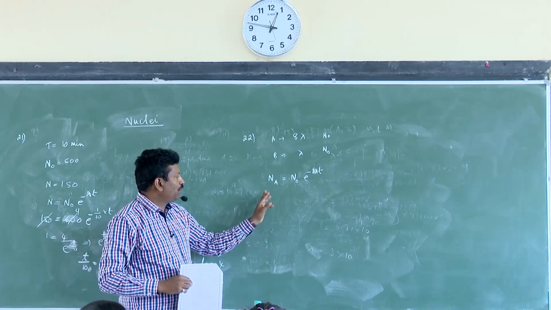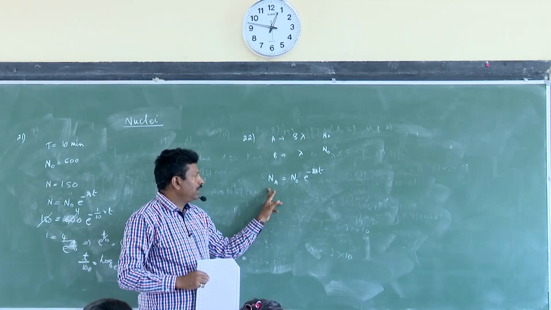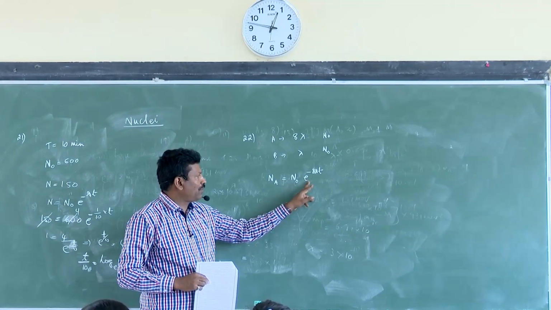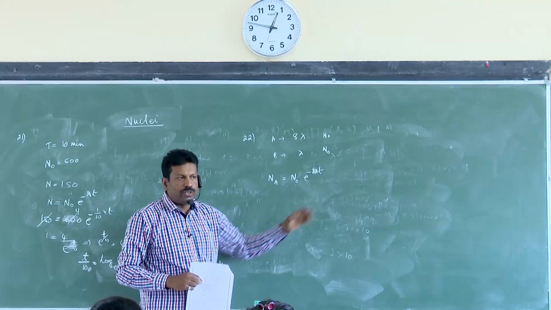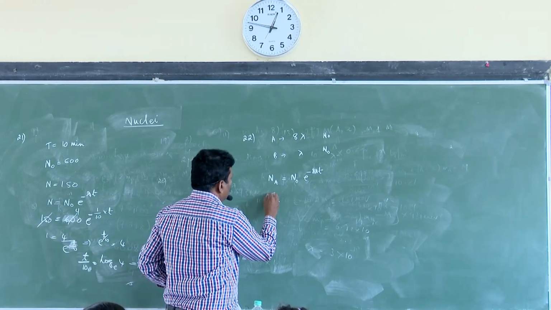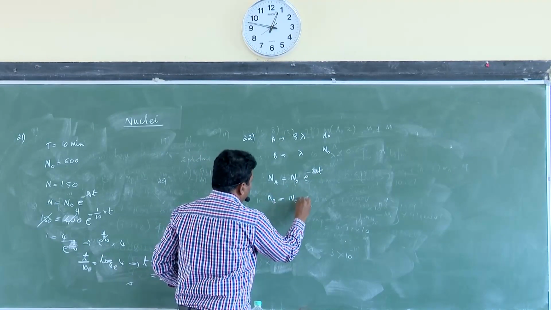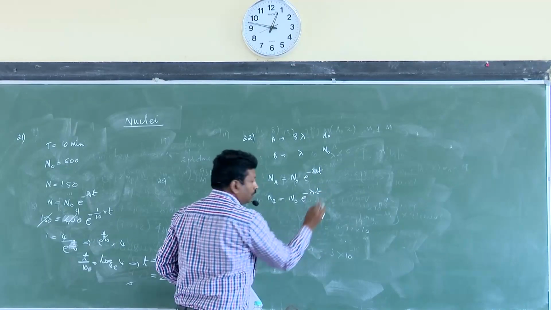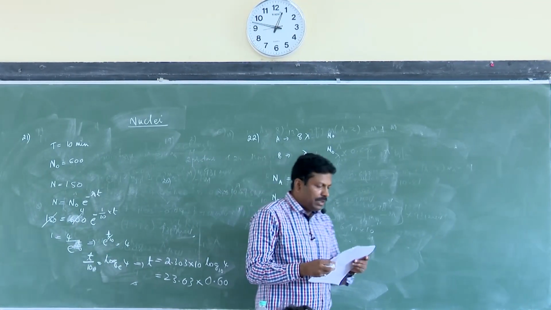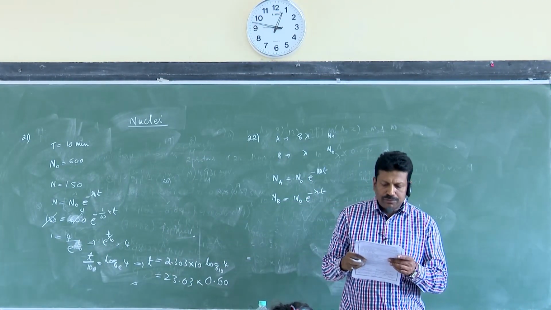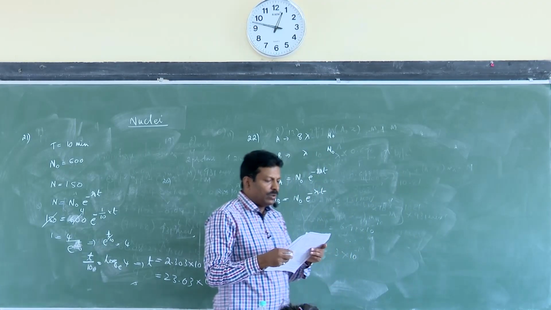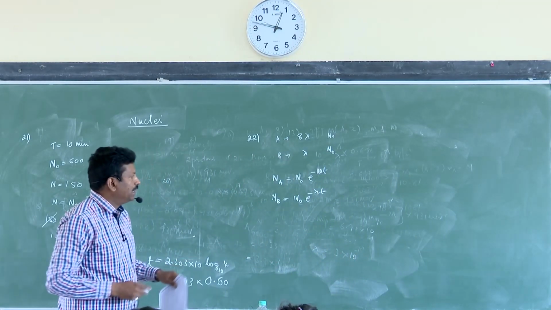So number of nuclei of A is Na equal to N naught into e to the power of minus 8 lambda T, and time is same. After what time? Now Nb is equal to N naught into e to the power of minus lambda T. Now the question here is after what time the ratio of number of nuclei of material B to A will be 1 by e.